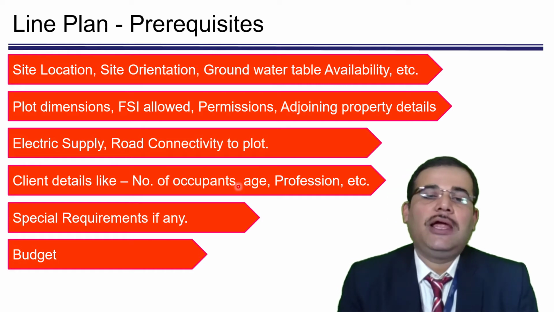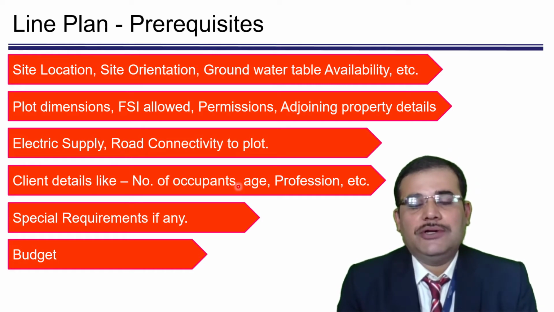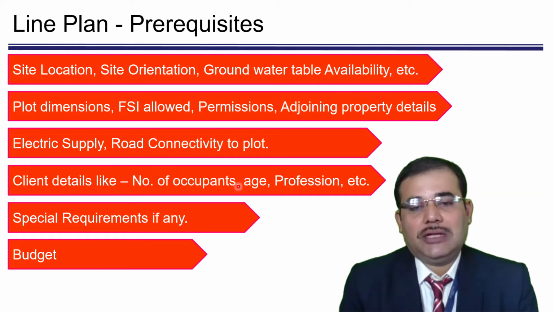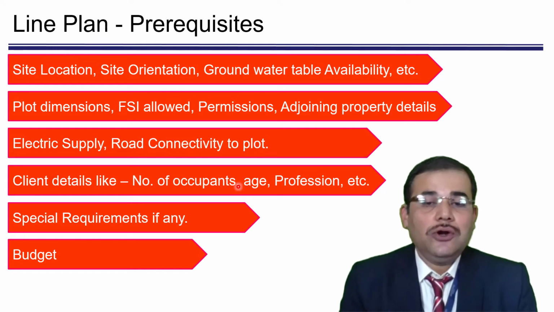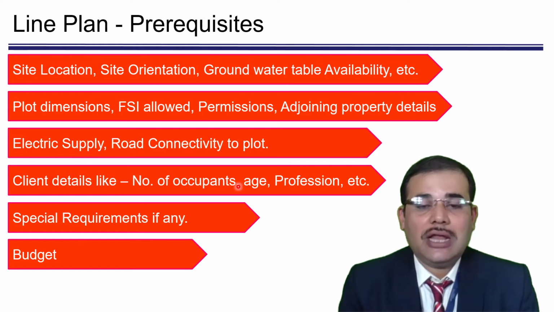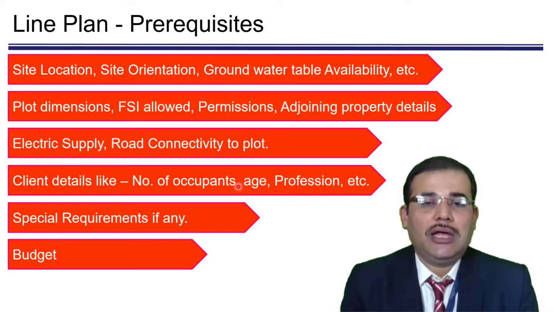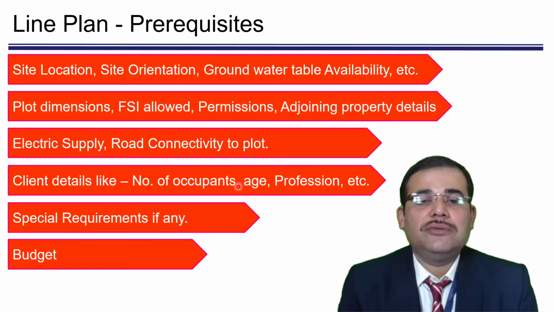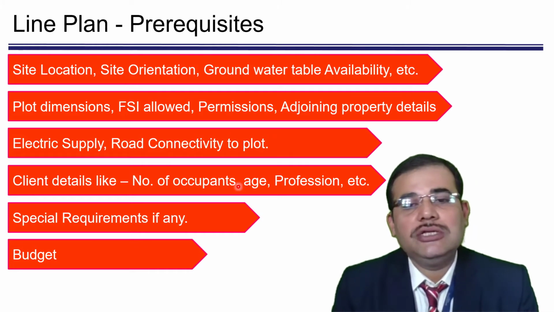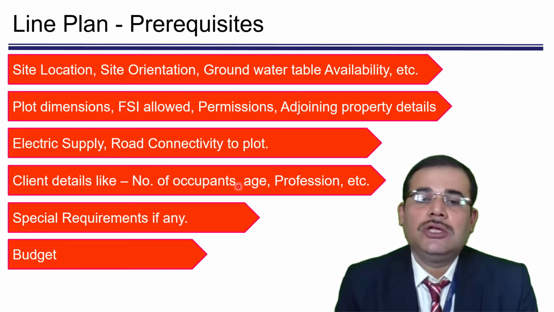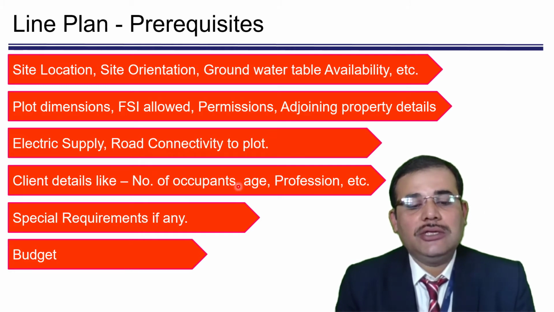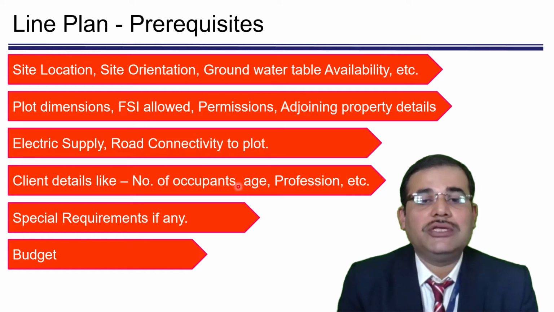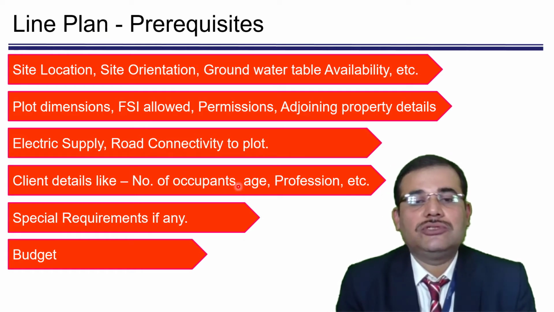The profession of the client is also one of the important parameters while developing the line plan, because the demand may vary according to the client's profession. For example, an engineer or consultant may have an office in the bungalow. Or one client may demand his own shop or garage in the same premises.